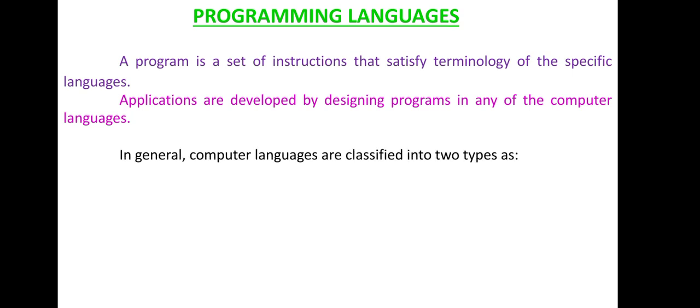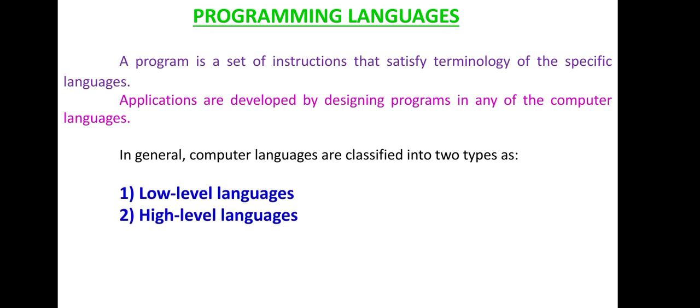So in general, computer languages are basically of two types: one is low level language, and the other is high level language.